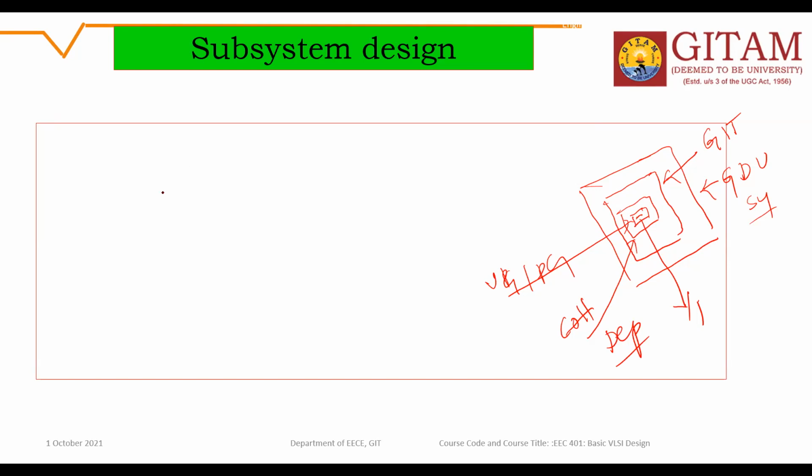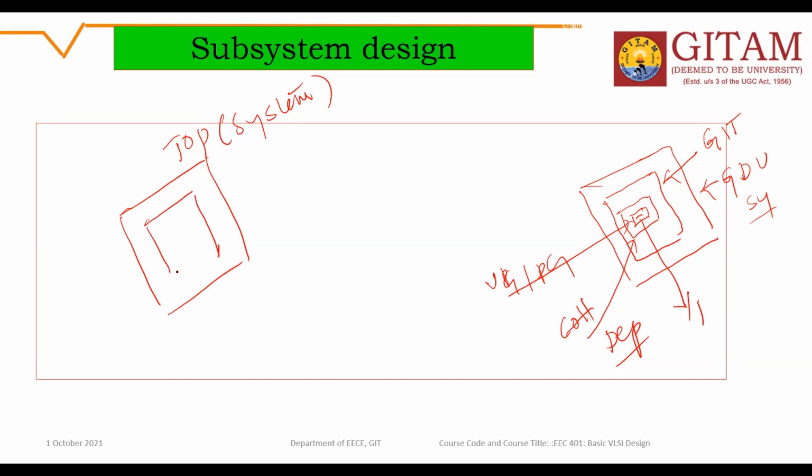So like that, we have a system. The top one is the system. Next, the CPU, central processing unit, is the subsystem of the system.